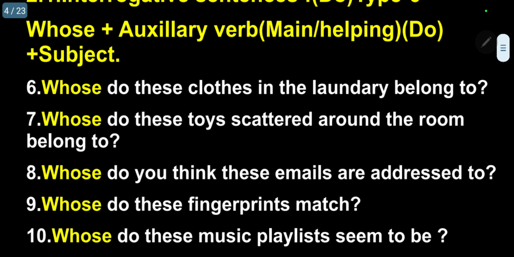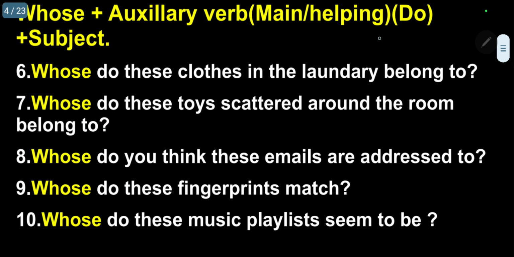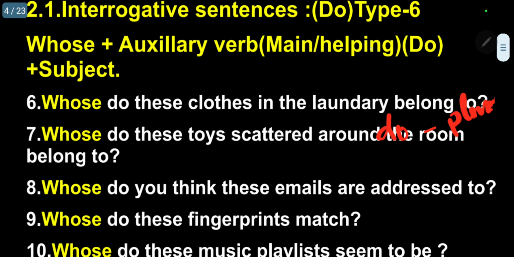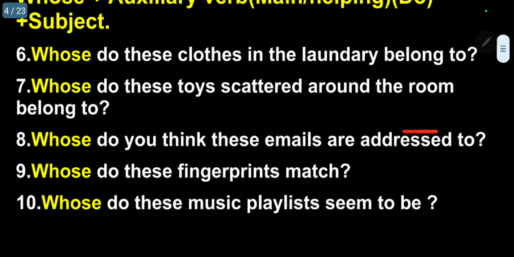So here do is acting as an auxiliary verb. I want to give one piece of information. In simple sentences, do is always used for plural. If it is a noun, do is used for plural.